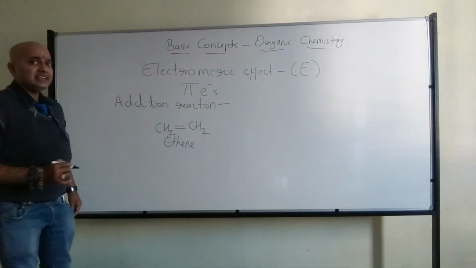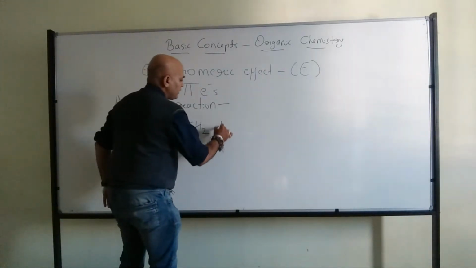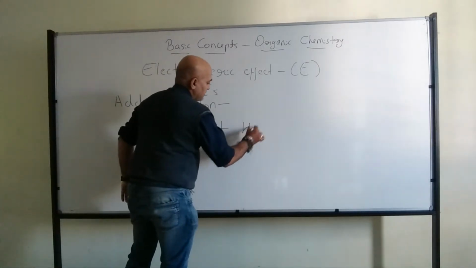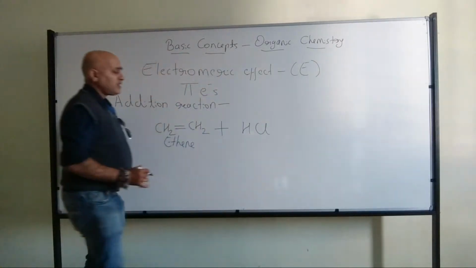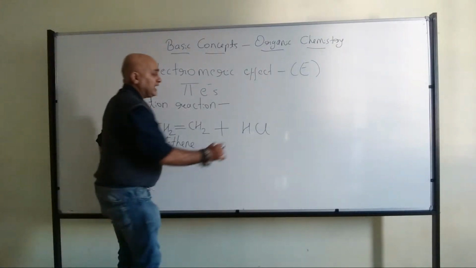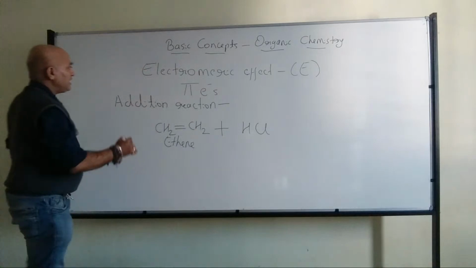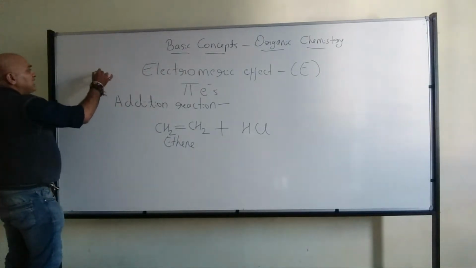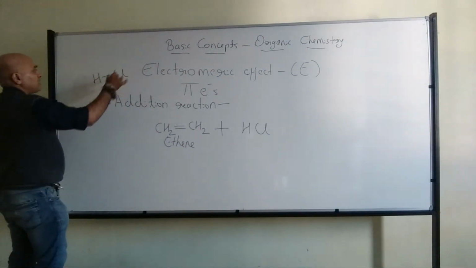Now, when ethene is treated with hydrochloric acid, all of us know HCl has a covalent bond. Don't think that HCl is an ionic compound.